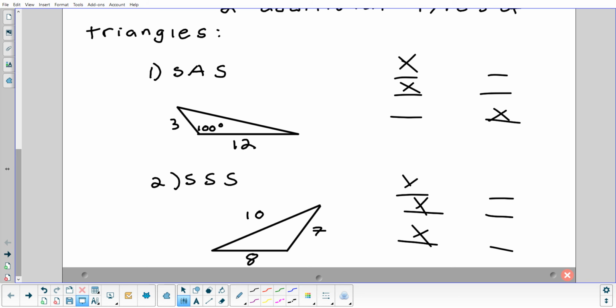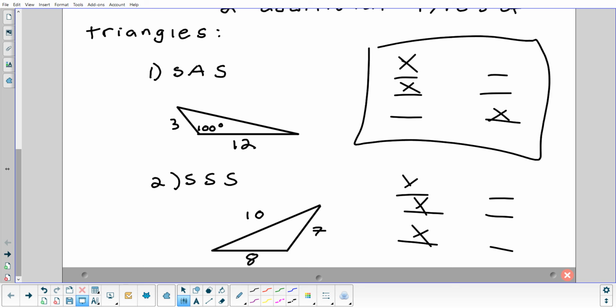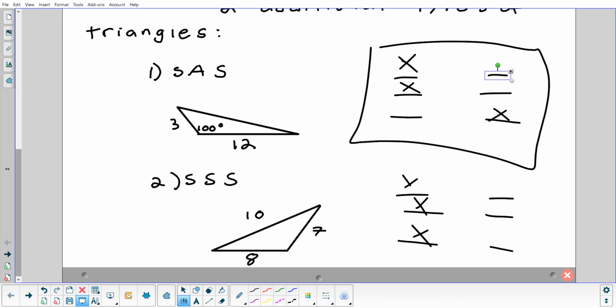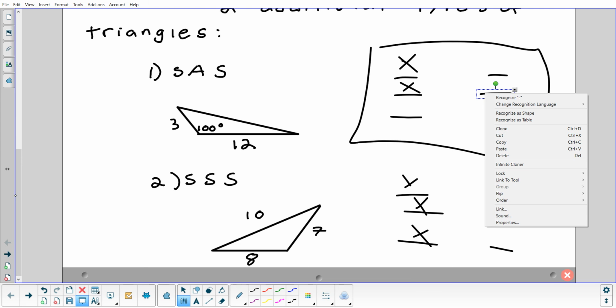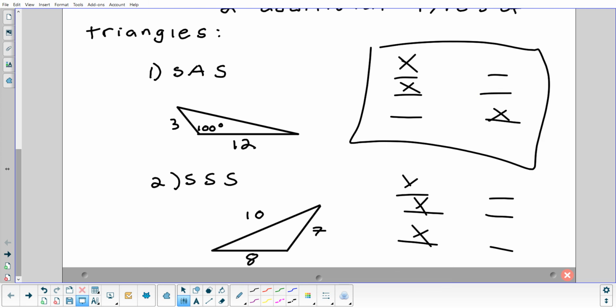So either situation you end up with, law of sines isn't going to work because law of sines means you pick two rows. Let's say you're looking at this example. If you pick the first two rows, you're going to be missing an angle and another angle. That's no good. If you pick the second two rows, you're going to be missing an angle and a side.